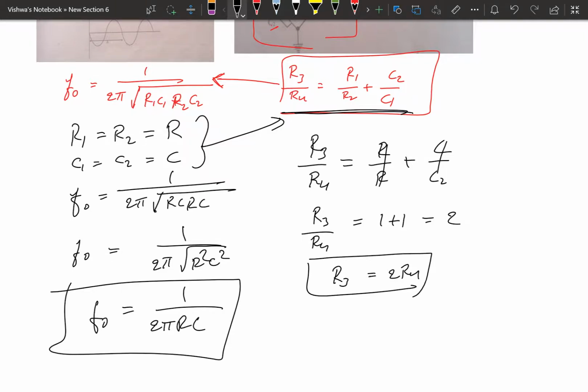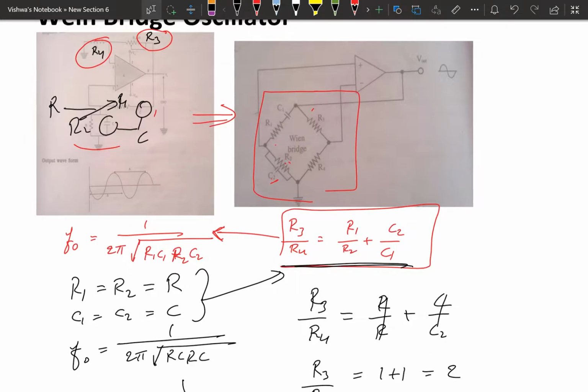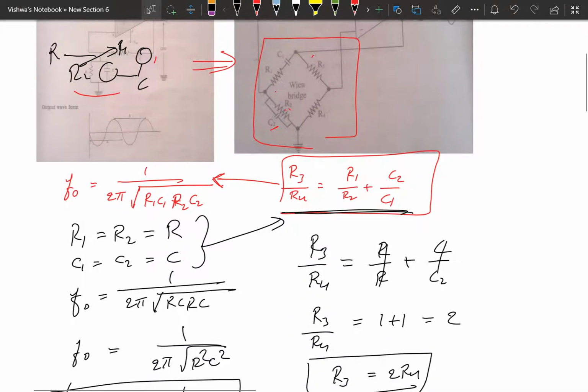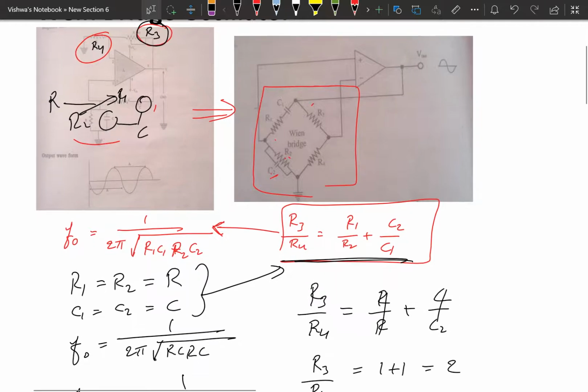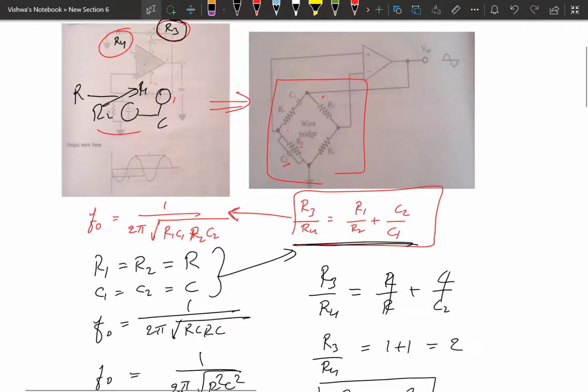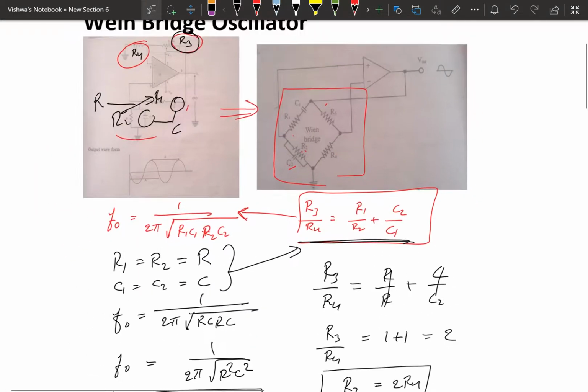So what is R3? In these two diagrams there is a little bit of change. Here this is R3 and this is R4.